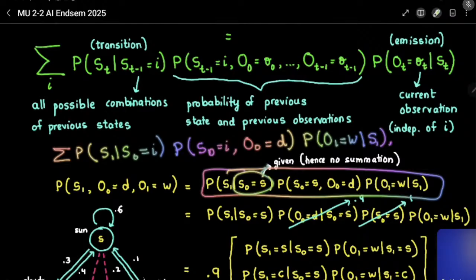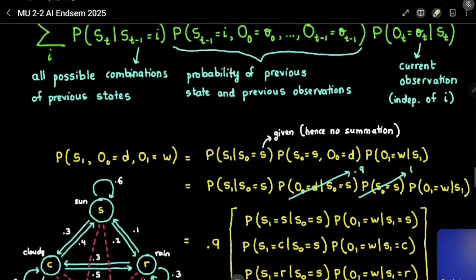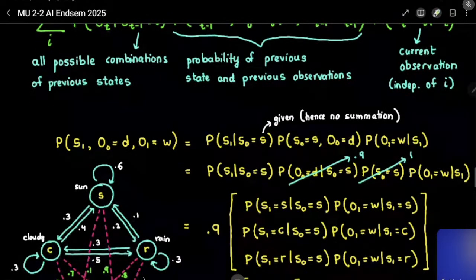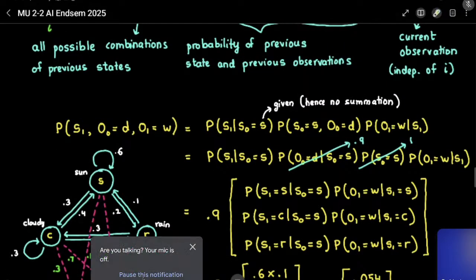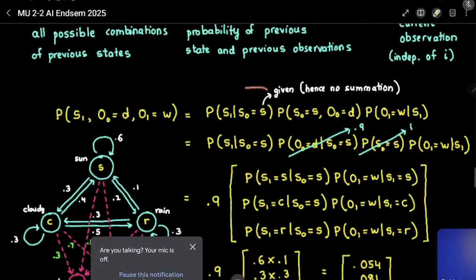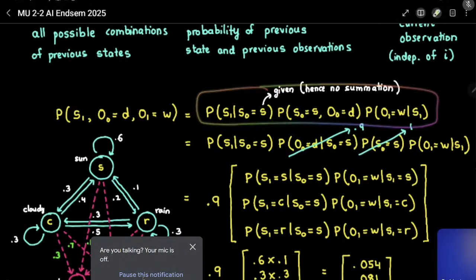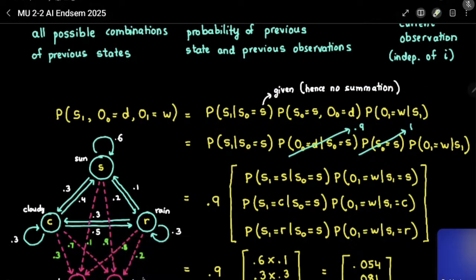You can try opening the summation. You'll realize that S0 equal to S will only remain here. Only because the initial probability distribution said that probability of S0 equal to S is 1. If there was some other probability distribution, then you would have found some form of summation here. Now after I get this, I'm supposed to simplify this.